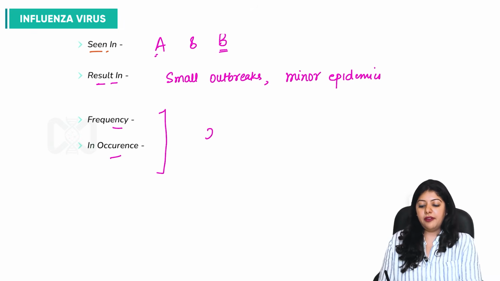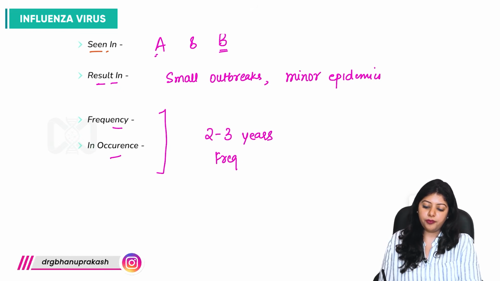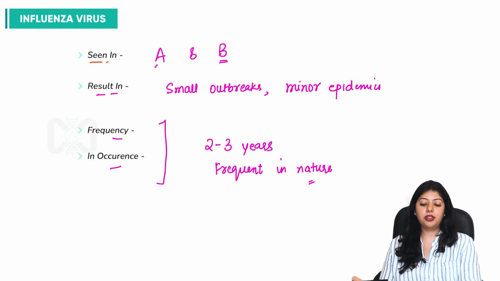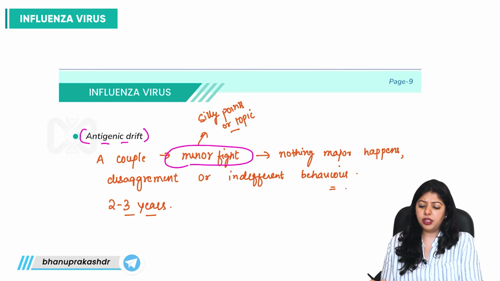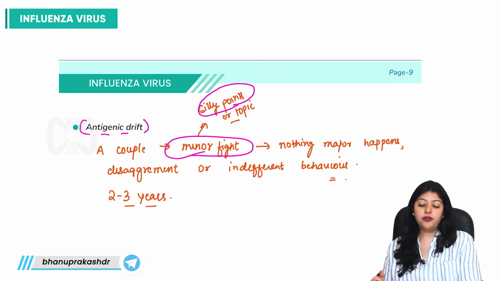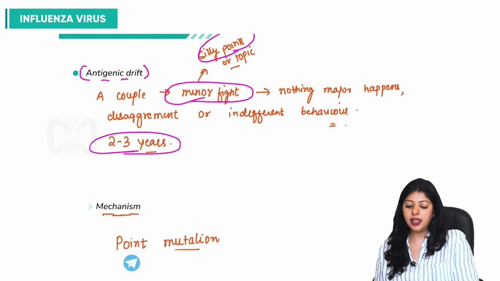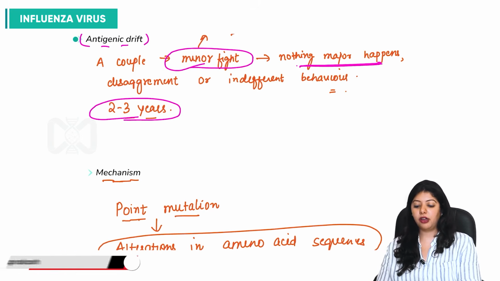It is every 2 to 3 years and they are frequent in nature. Please consider this couple story as the mechanism discussion. When we discussed the minor fights because of silly points, we could make out that it is the point mutation which is occurring every 2 to 3 years, and nothing major is happening, so it is responsible for minor outbreaks.